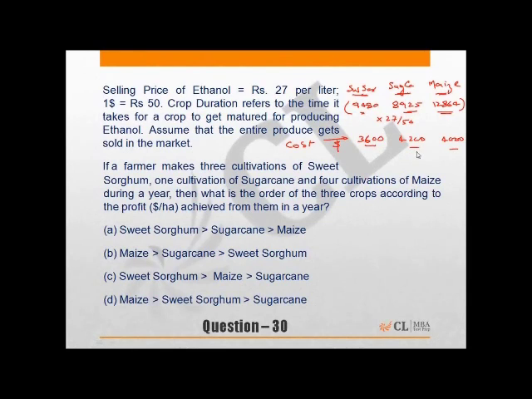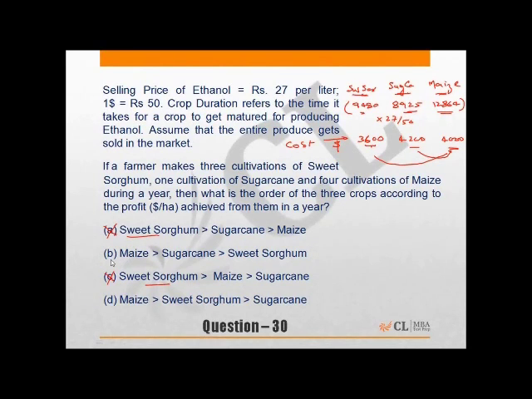While the cost increases, in this case the cost is coming down, so sugarcane has to be lesser than maize. And here, the cost goes up from 3,600 to 4,000, which means it goes up by less than 10%. So maize has to be the highest value in terms of profit, which means choice A, which gives sweet sorghum, or C, which gives sweet sorghum, is incorrect.